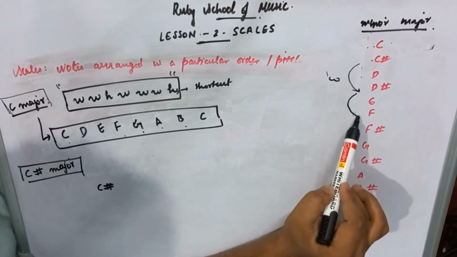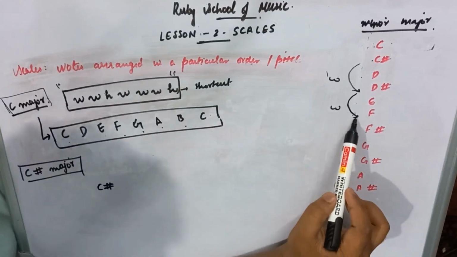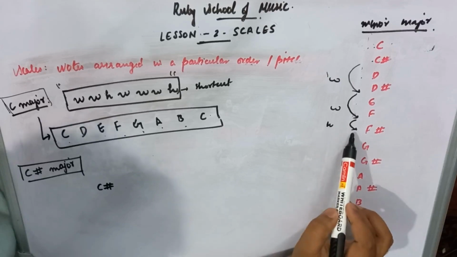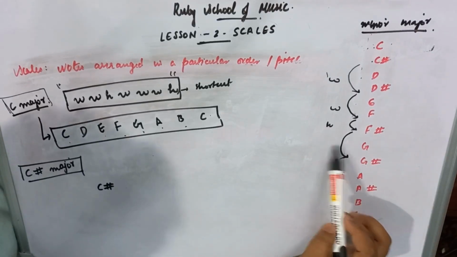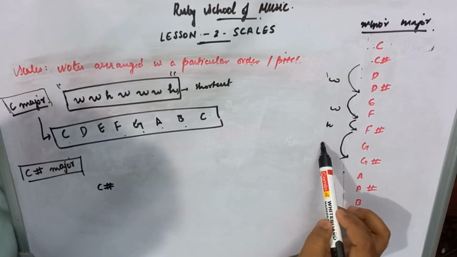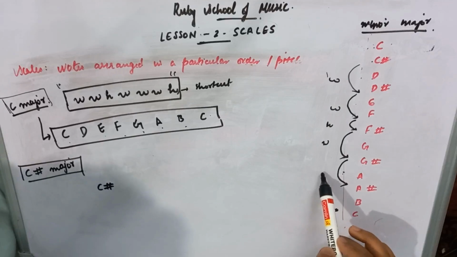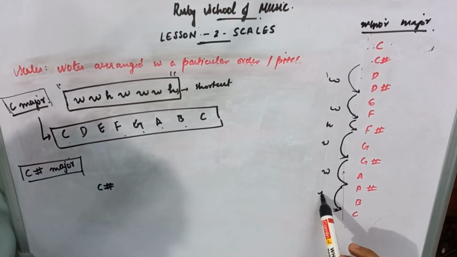Then D sharp to F, that is the second whole note. Then next we have a half note, that is F to F sharp. Then F sharp to G sharp, that is whole. Then G sharp to A sharp, whole. Then A sharp to C, whole.